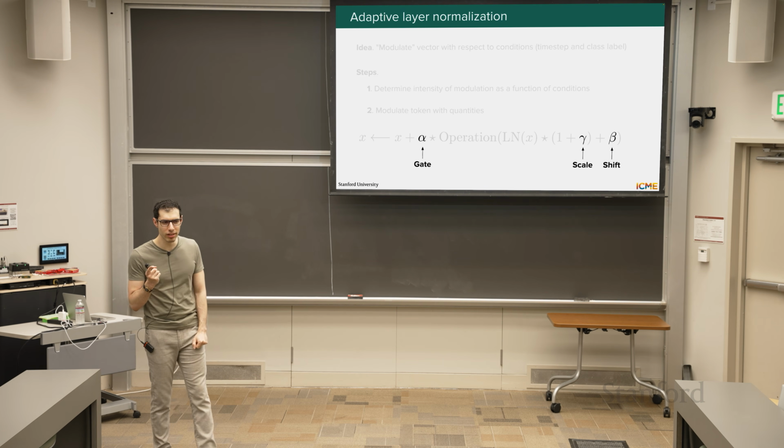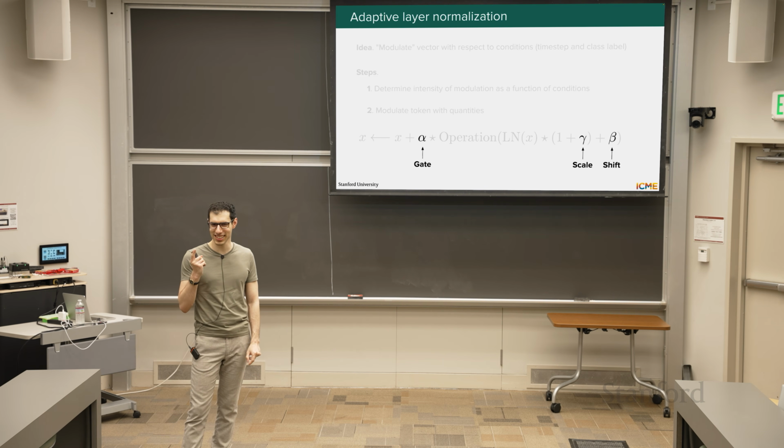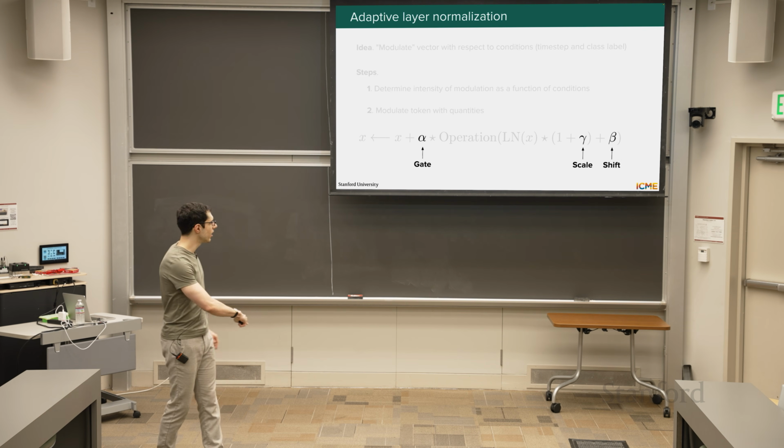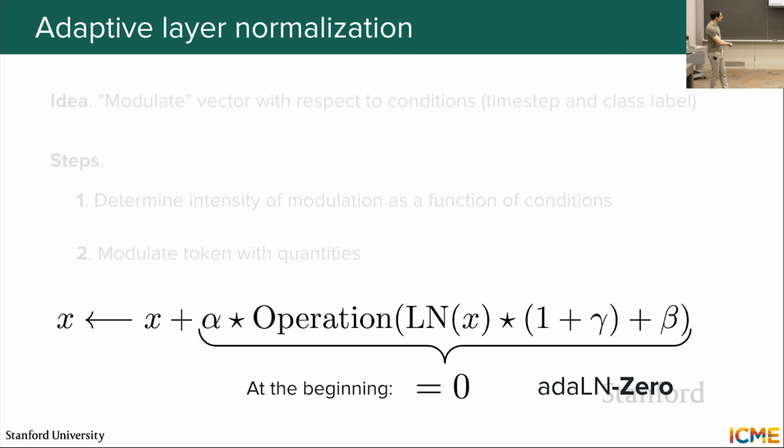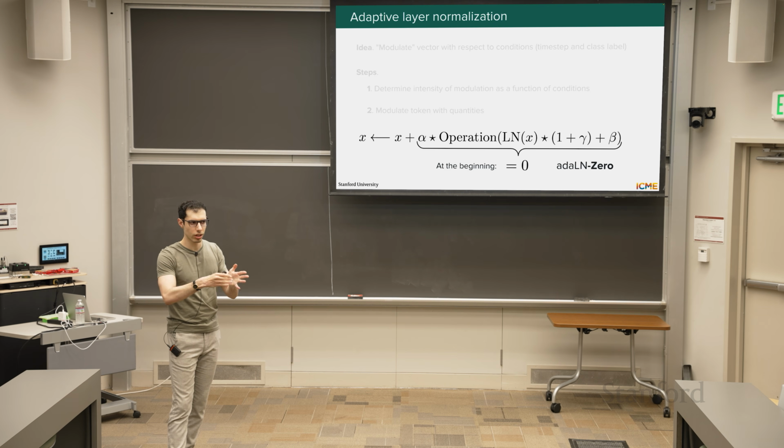And do you remember I told you I'm going to say what adaptive layer norm 0 is? Do you remember in the chart? Well, adaptive layer norm 0 is adaptive layer norm where when you start training, you initialize your gate to 0 such that there is no modification.